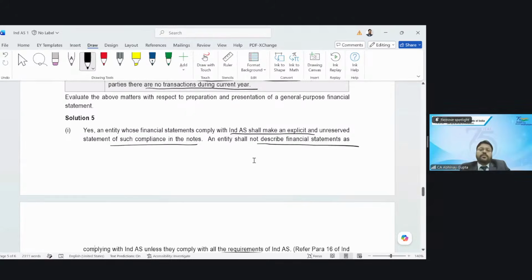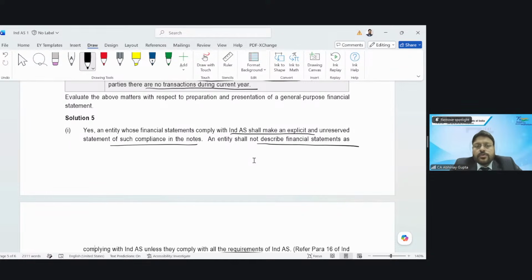So irrespective of what the view of the auditor is on your financial statements, right? If the management view is that they are compliant, they have to go ahead and present their financial statements with this explicit and unreserved statement that they believe their financial statements are compliant with all the requirements of all the Ind ASs, right?